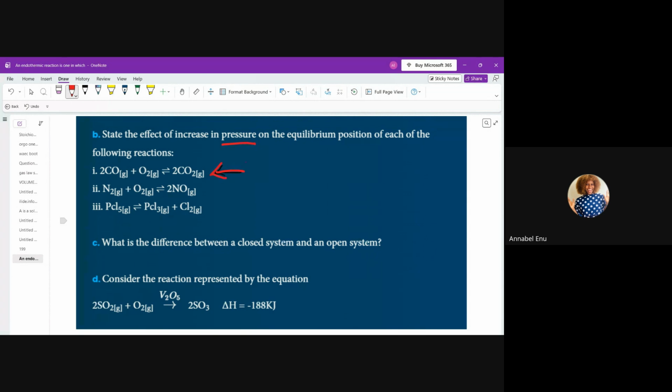Okay, that's also correct. The equilibrium will shift to the right, which will increase the yield of CO2. Pressure will not change the equilibrium constant. That is true. Yes. Now, how about the second one?